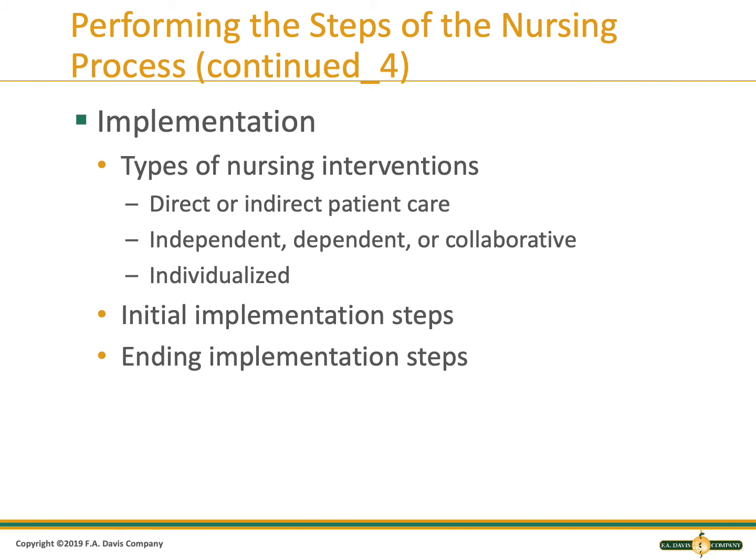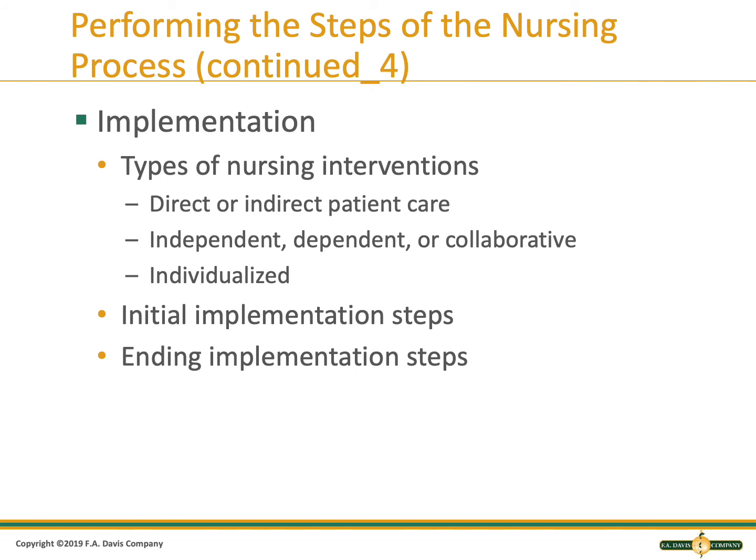And then there's independent, dependent, and collaborative nursing interventions. So dependent requires an order from the healthcare provider to be carried out. Independent is without consulting any other healthcare professional. And collaborative involves working with other healthcare professionals.